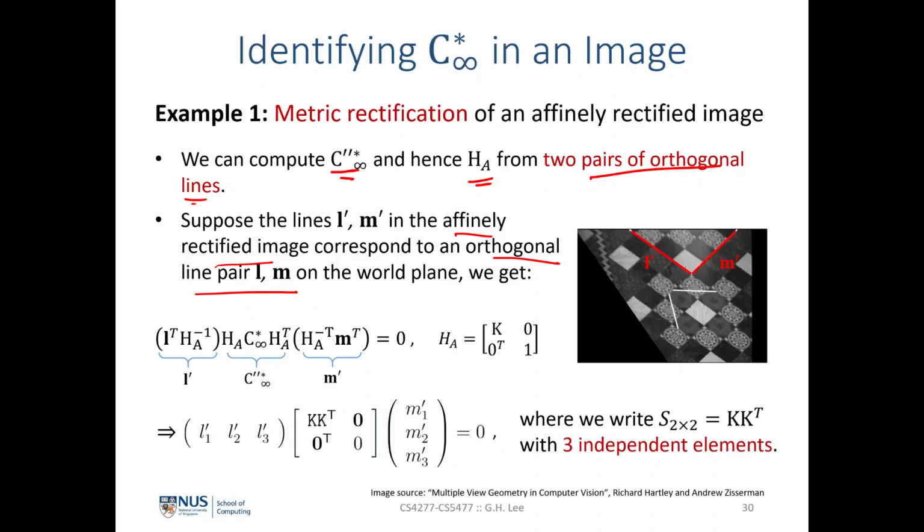And of course, in this image, because it's still subjected to an affine distortion, this angle here is not going to be equal to 90 degrees, but in reality, it's going to be 90 degrees. So we'll be able to identify this pair of lines L prime and M prime, which we can directly substitute into this equation here.